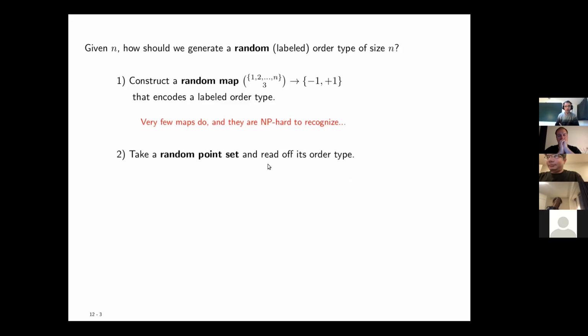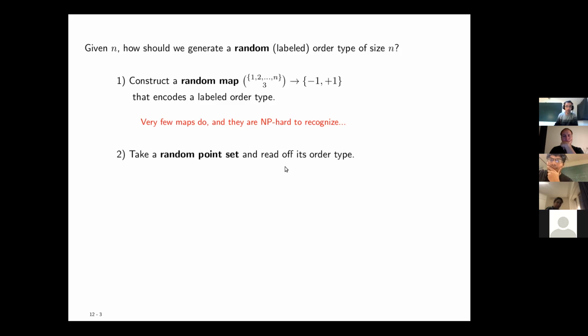First, if you try to build a random map, we saw that very few maps are actually labeled order types. And secondly, it's very hard to decide, given a map, if it is. So generating a random map by, for example, flipping triangles and things like that, it will be very hard to remain inside the world of maps that correspond to labeled order types.